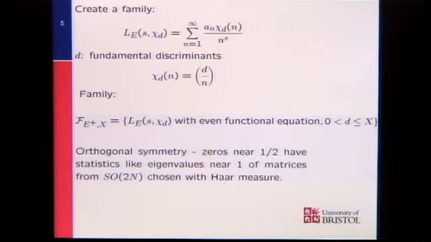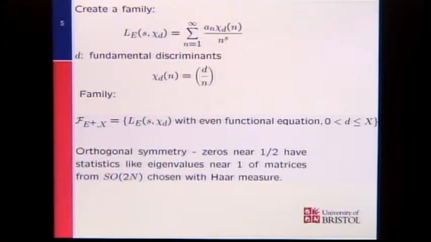So we create a family of L functions in the following way. This will be very familiar to many of you, but we'll go through it anyway. The original L function associated with the elliptic curve E was just the sum of a_n over n^s. We twist the L functions by real quadratic characters, chi_d, in order to get a new L function for each different value of d.